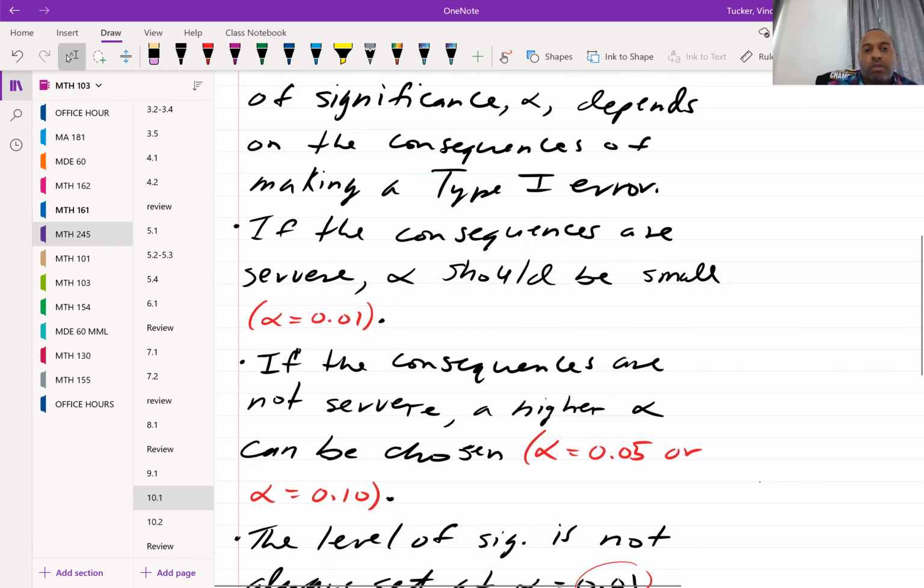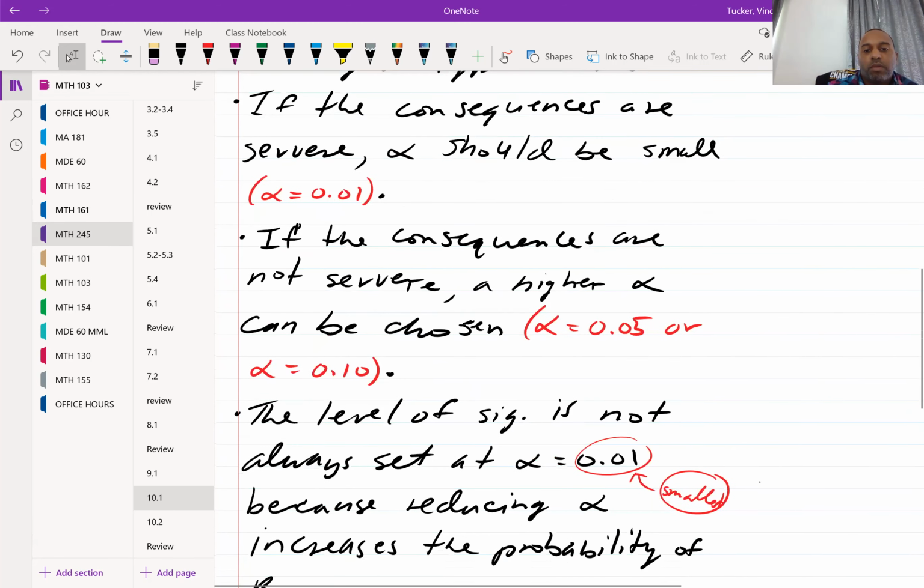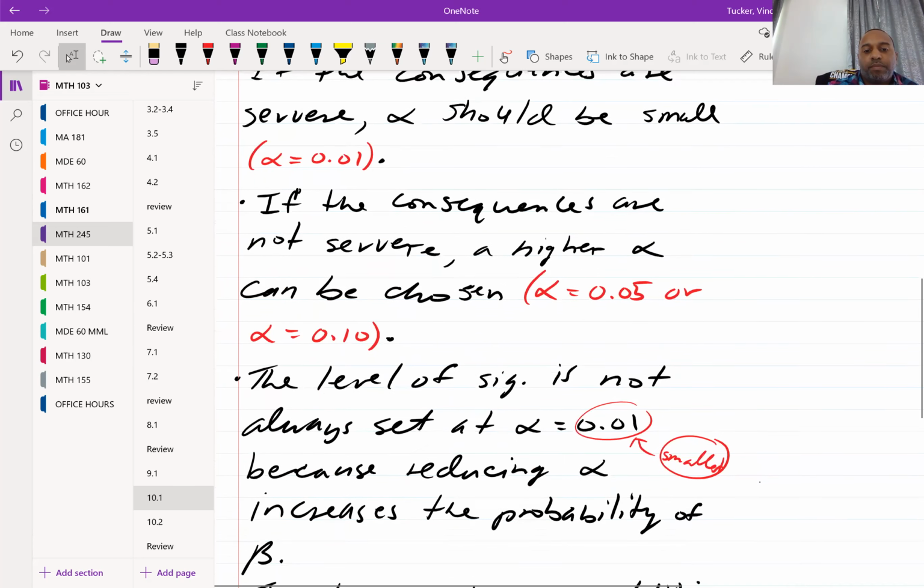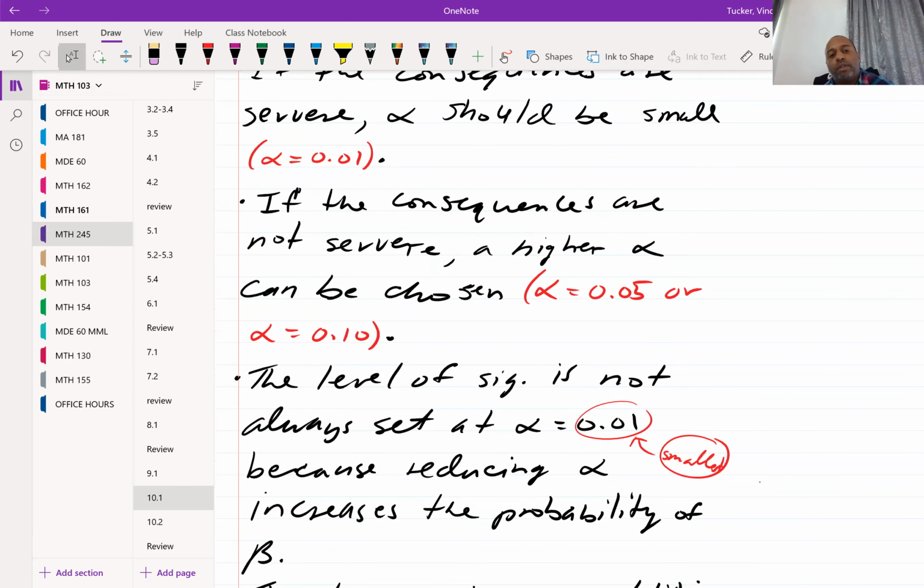The level of significance is not always set at alpha being 0.01 because reducing alpha increases the probability of beta.